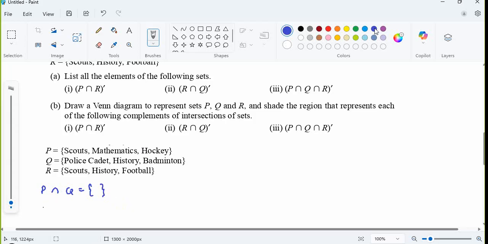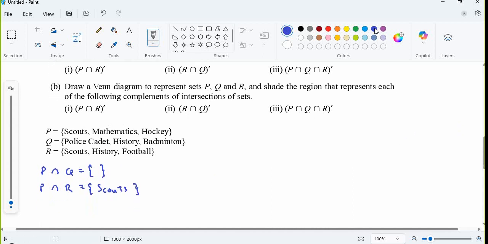And then if we want to find P intersect with R, P intersect with R has scout. Mathematics no, hockey no. So one only, scout only.